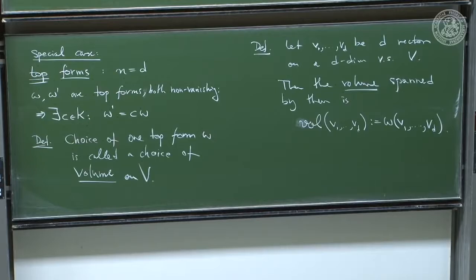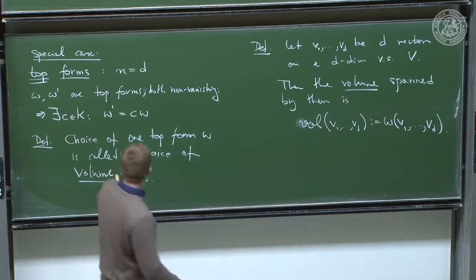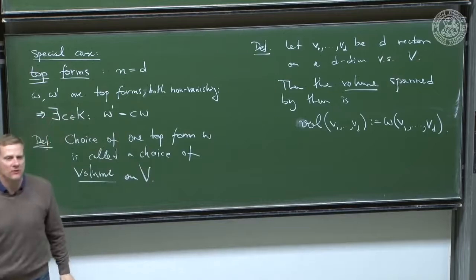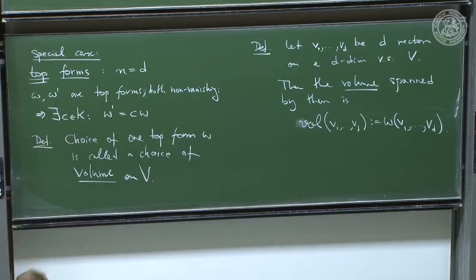But in order to assign a volume, you need to choose one such top form. So you might have thought that volume is like you need an inner product or so, because you need an inner product to have angles and lengths and so on. But volume is actually a choice of a top form. That will come back in the lectures.